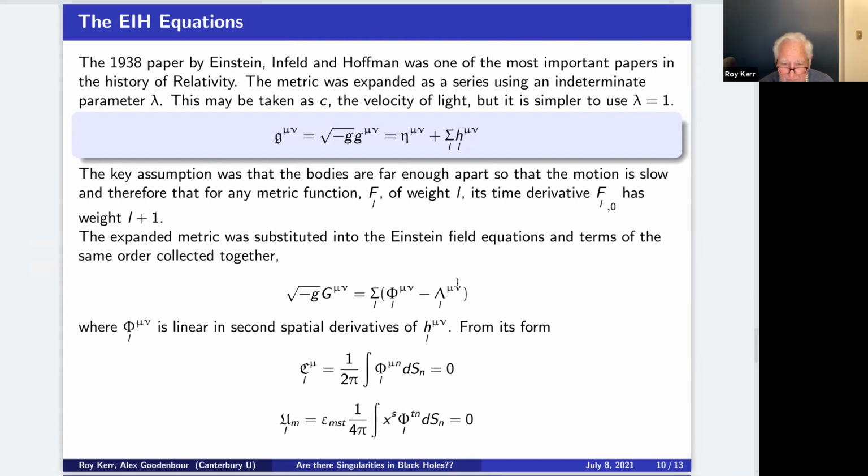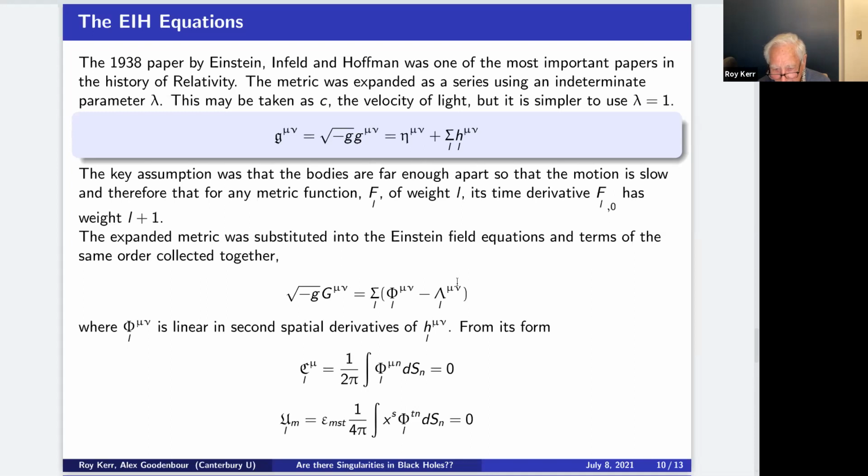Now, there was a problem with their papers, and that was that what they showed in the first paper was that if you tried to solve the linear equations assuming very slow motion, then there were certain integrals which were zero.